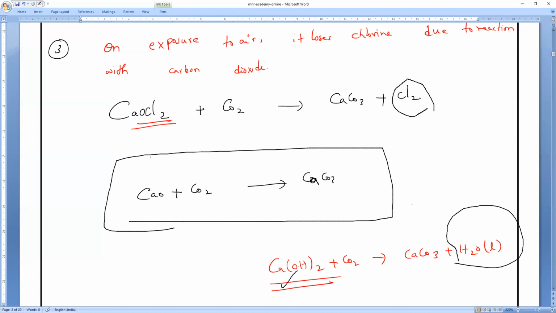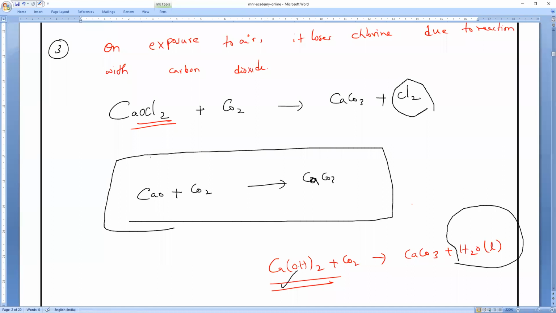That is only CBQ, competency based question. Because one equation is taught in the first chapter, the second equation in the second chapter, and in the third chapter, again you will get a different equation for formation of calcium carbonate. So you must have a complete idea to answer this. Otherwise, is it possible to answer? Do you think that it is possible?